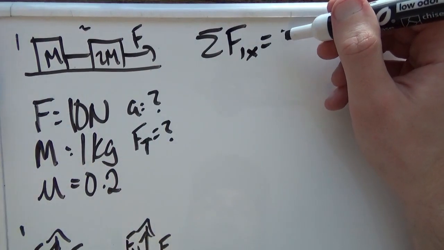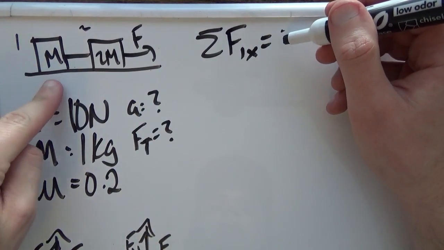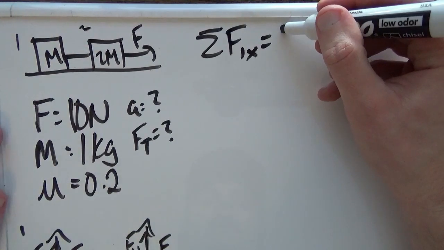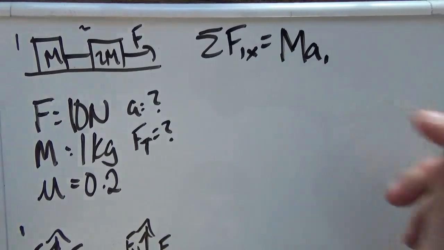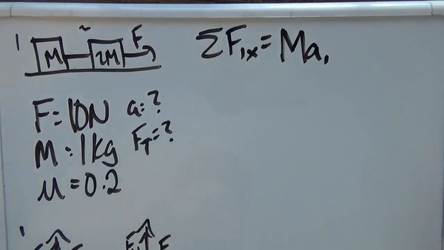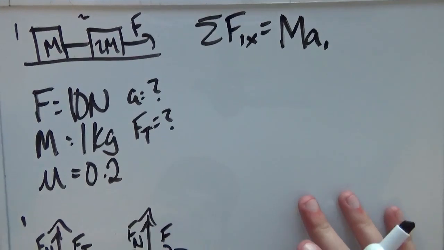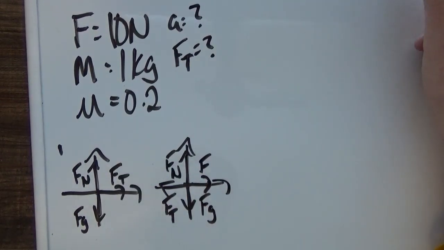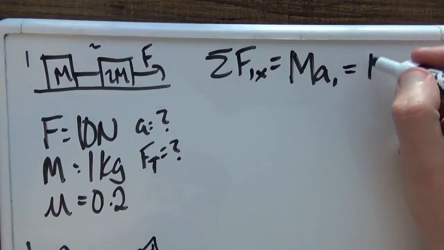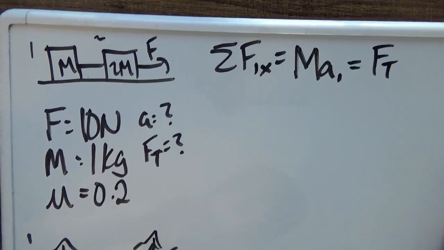Mass of block 1 times acceleration of block 1. But our mass of block 1 we already know is capital M, or 1 kilogram, and we're looking for some acceleration, a1. And what's that actually equal to? Well, the only force we have is Ft, in the positive direction. So that's just equal to Ft. That's the only force we have.